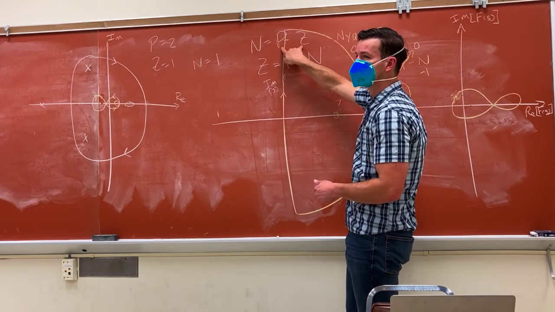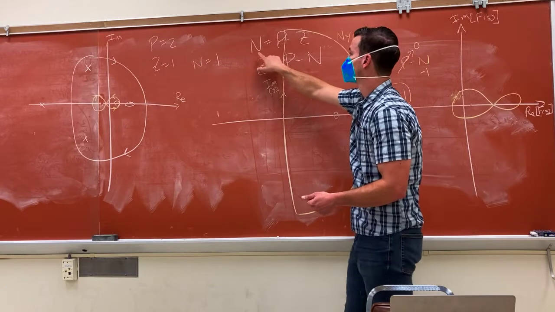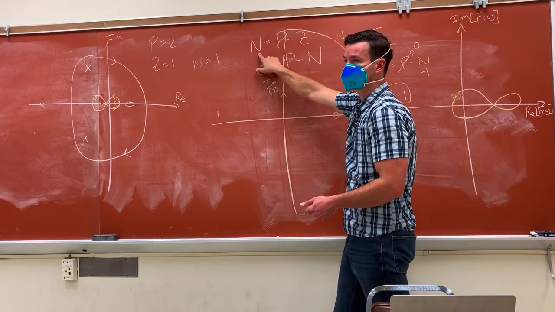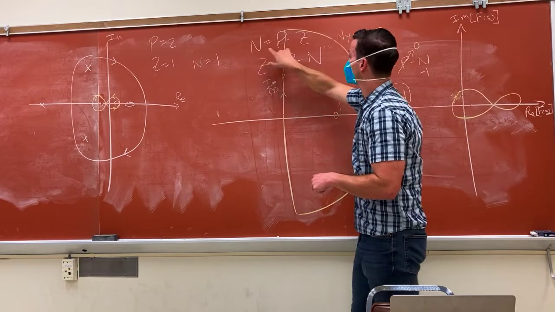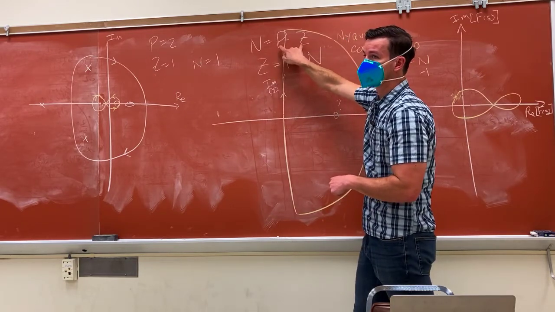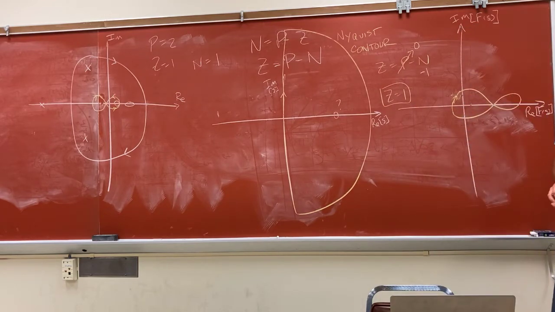That's really all you can conclude. If you just tell me the number of encirclements, 5, but it could be +5 or -5, then all I know is that these are 5 apart. I don't know which one's bigger. But you know that there's either poles or zeros in the right-hand plane. Yes.